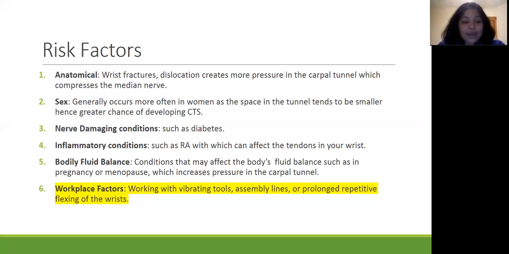Okay. So back to risk factors. For instance, nerve damaging conditions such as diabetes, because in diabetes, of course, it starts to affect the nervous conduction. And from the Ayurvedic perspective, in diabetes, what's happening is it's affecting all the shrotas, and it affects the amount of moisture in the shrotas.